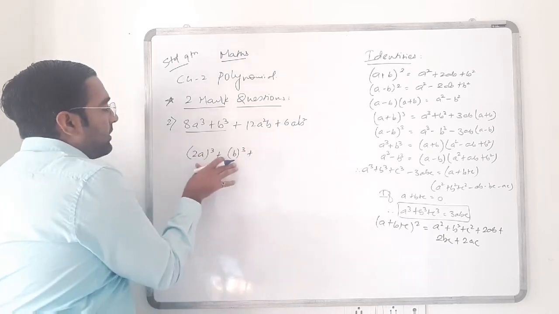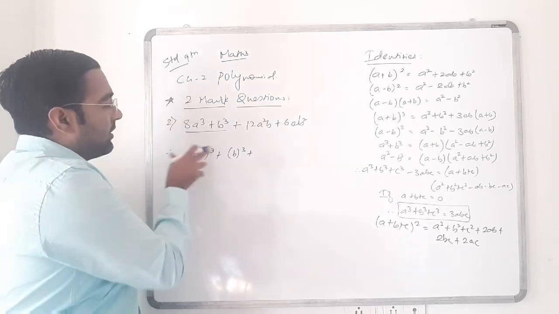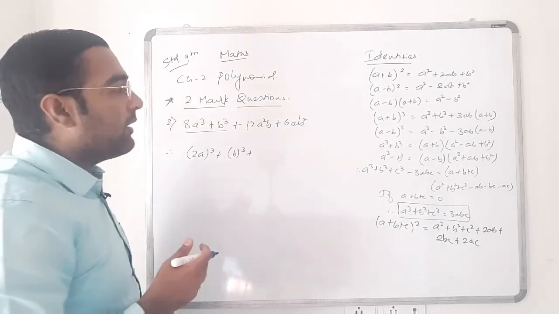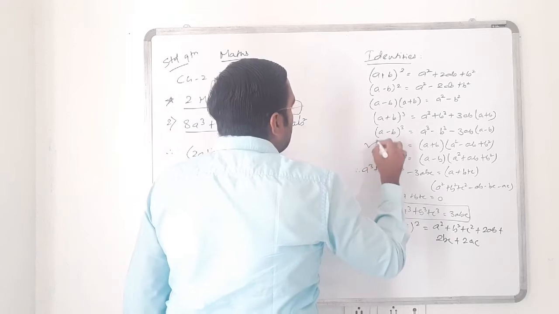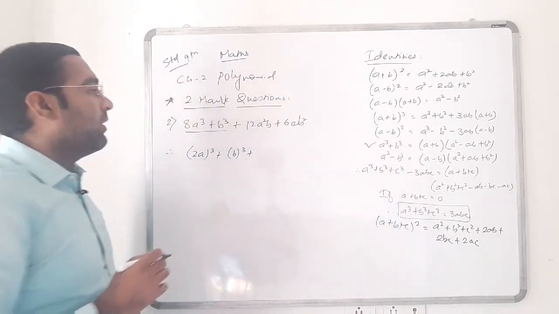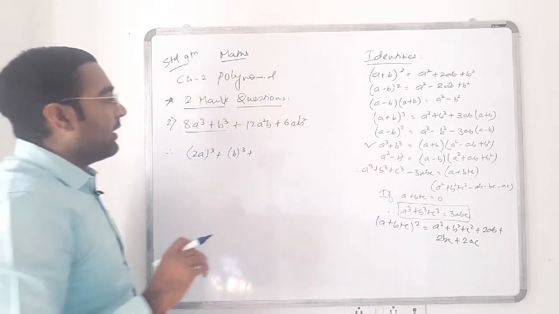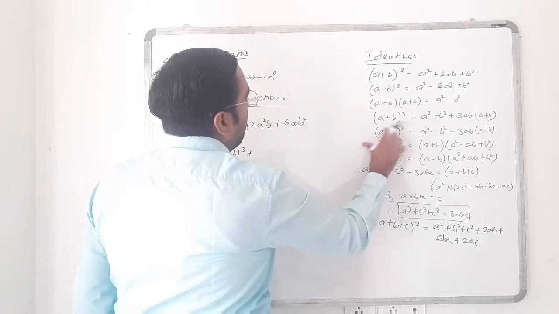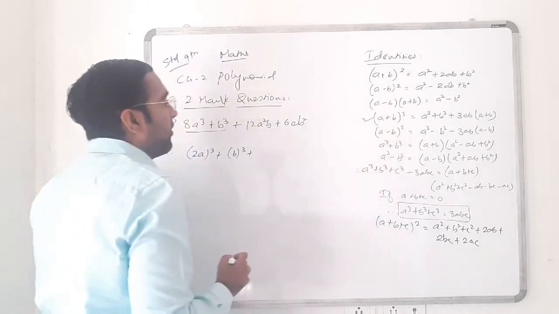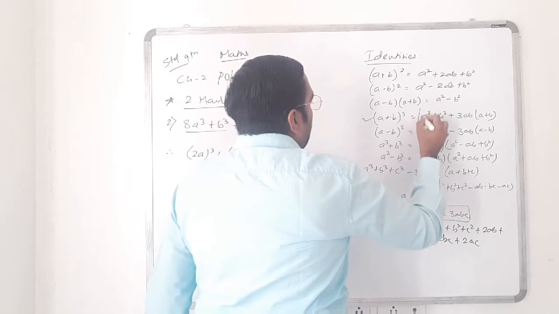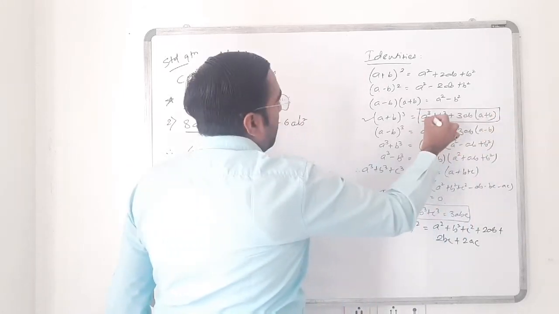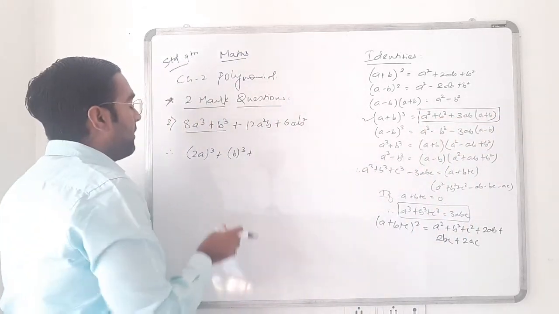Now as per this identity, we are not taking a cube plus b cube, but we are taking the a plus b whole cube formula, and here my identity a cube plus b cube is written.